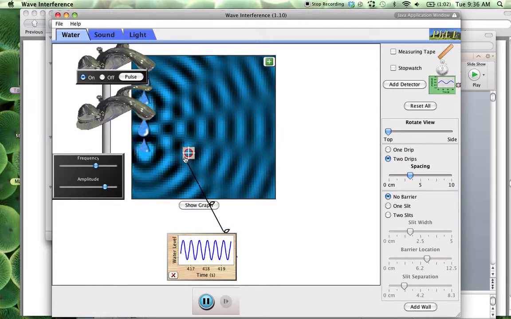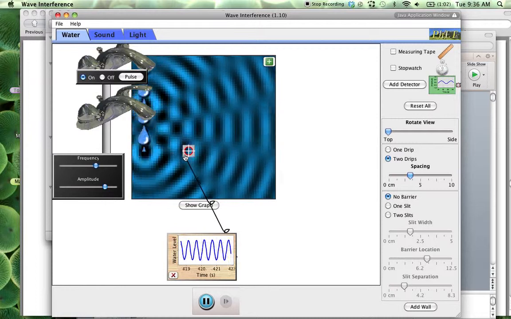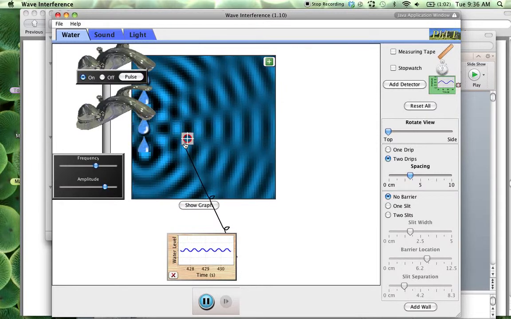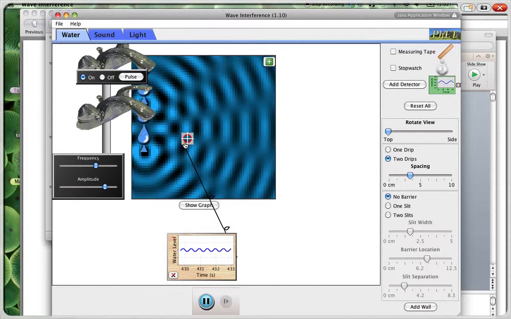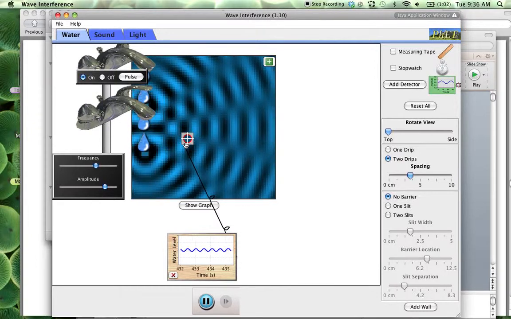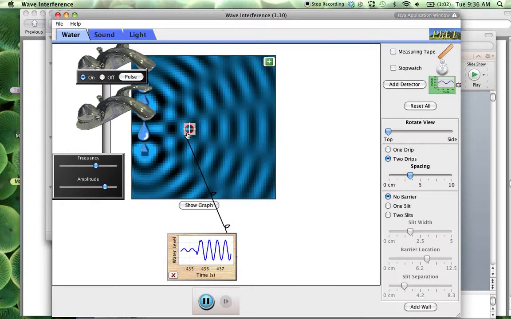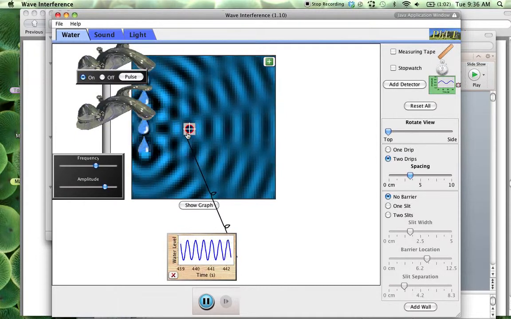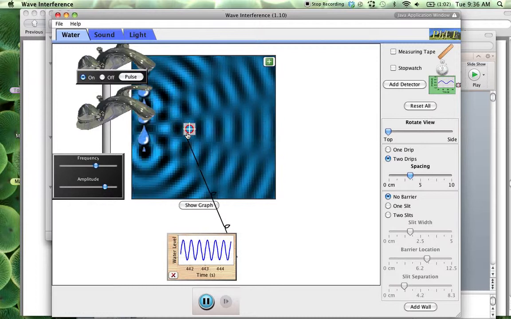So as I move the sensor up, you can see we're getting constructive interference there. They come over here, we're getting destructive interference. Remember what we said with this distance. Let's start with constructive interference. When we get constructive interference, it means that the points from both waves coming in are in phase.